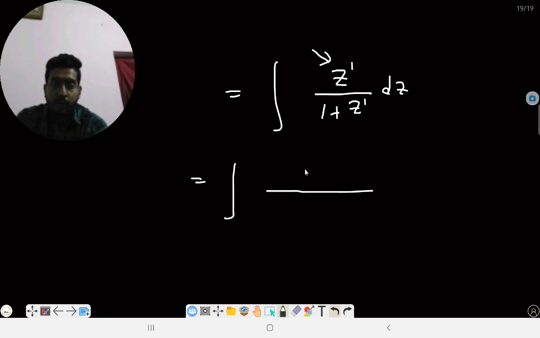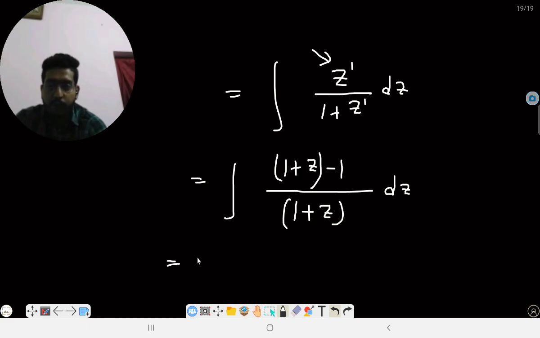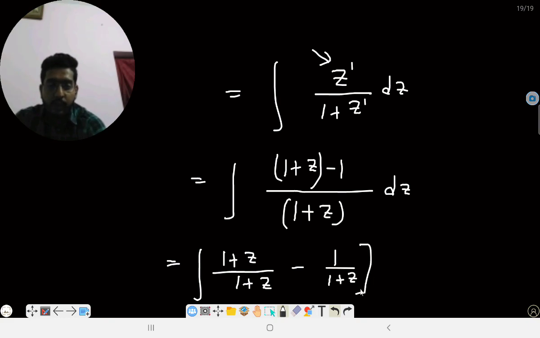That means z can be written as 1 plus z minus 1, and the denominator is 1 plus z. Now from here we can separate this: 1 plus z by 1 plus z minus 1 by 1 plus z, dz.